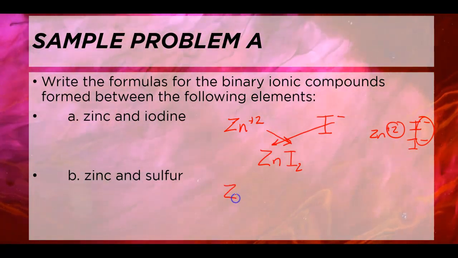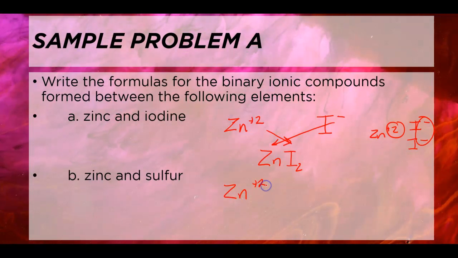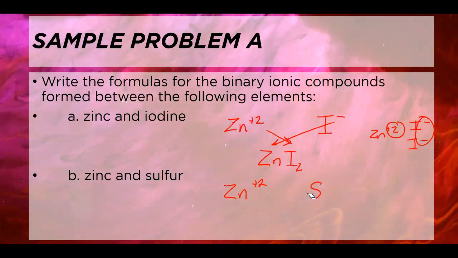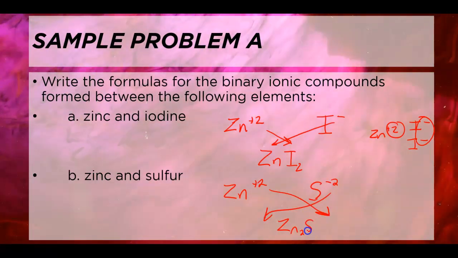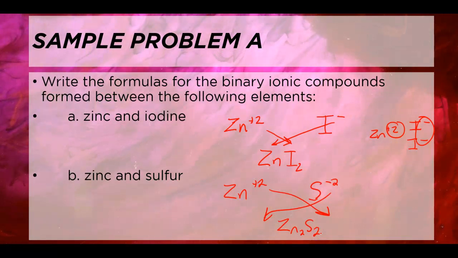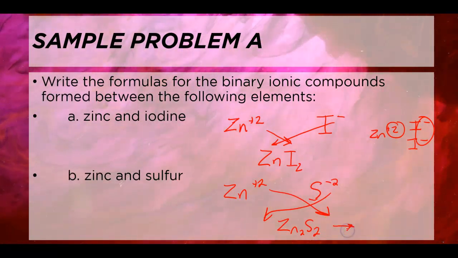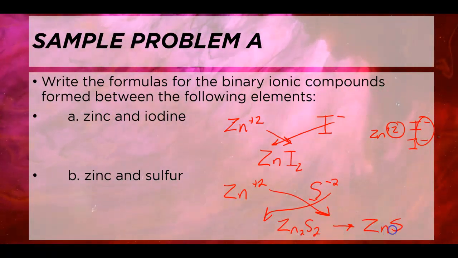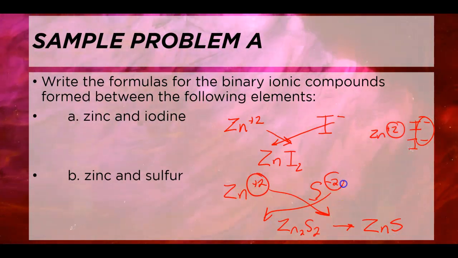Zinc and sulfur. Zinc has a +2. Sulfur has a -2. When I crisscross those charges, though, I get Zn2S2. That's not the lowest ratio. Lowest ratio would just be ZnS. You can remember that because they are a perfect match.